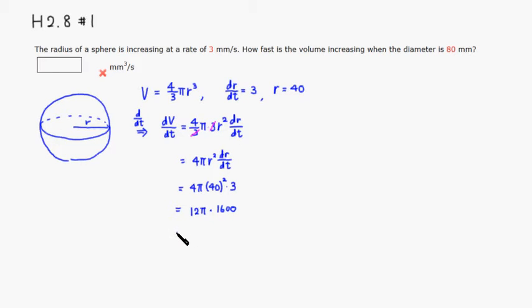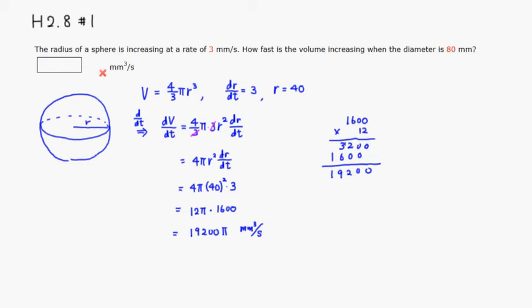So 1600 times 12 is 19,200. So it's 19,200 pi, right? So that's cubic millimeters per second.